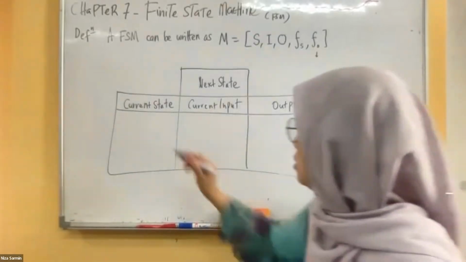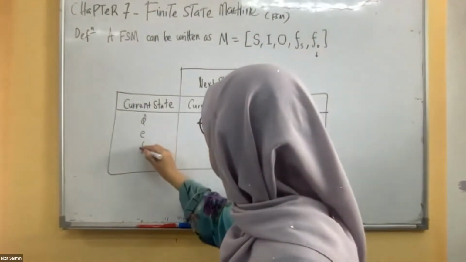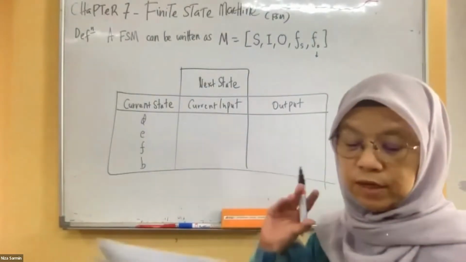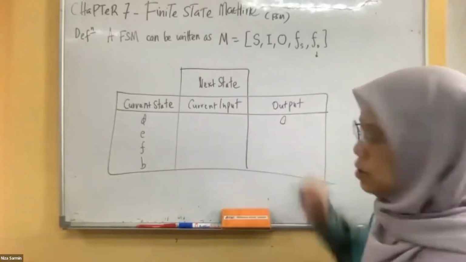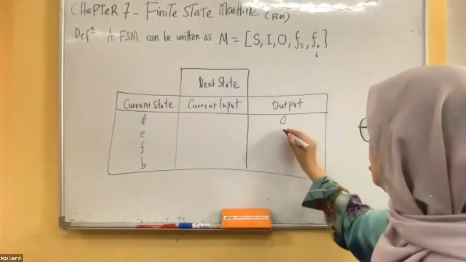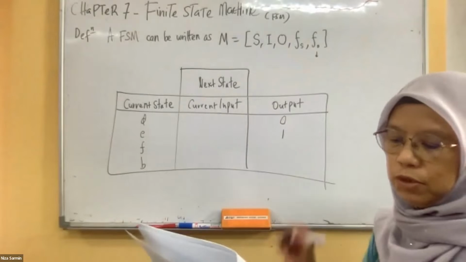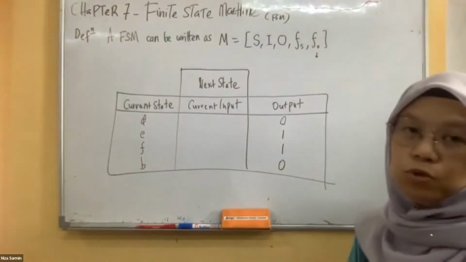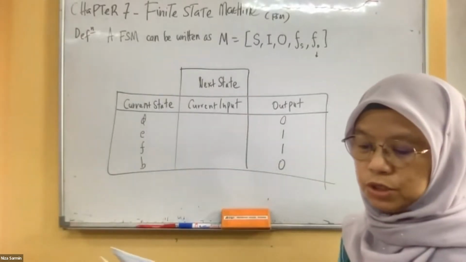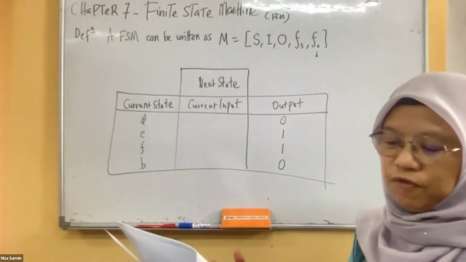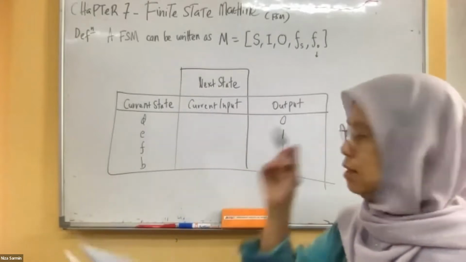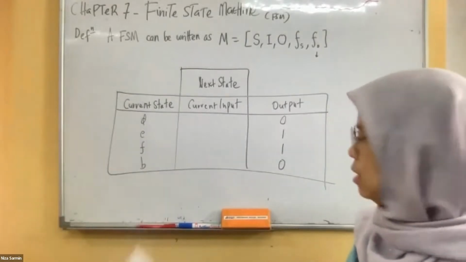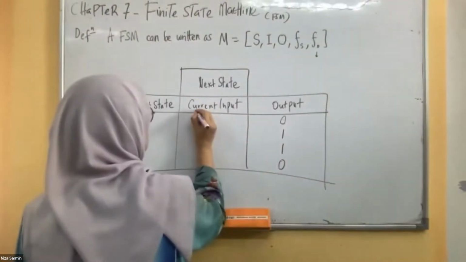Following the example here, D, E, F, B. If the input is 0, the output is 0, the input is 1, the output is 1, the input is 0, the output is 1, the input is 1, the output is 0. Then you want to see the next state of the current state given the current input.